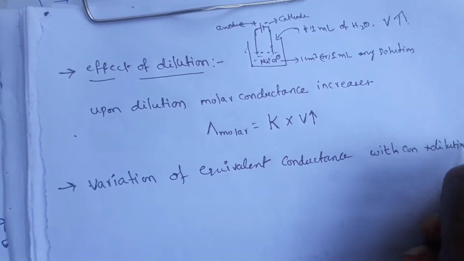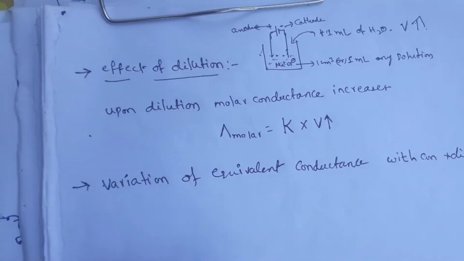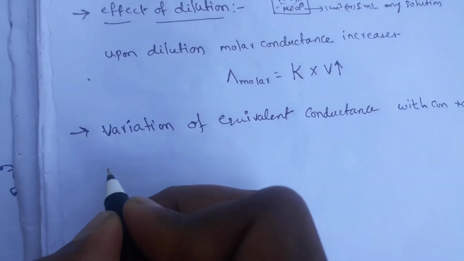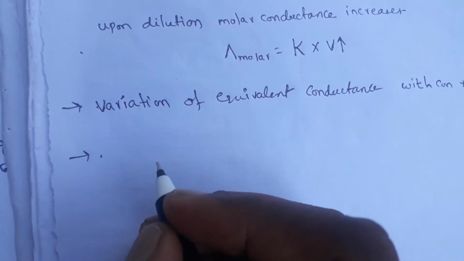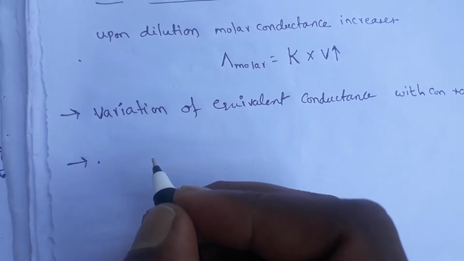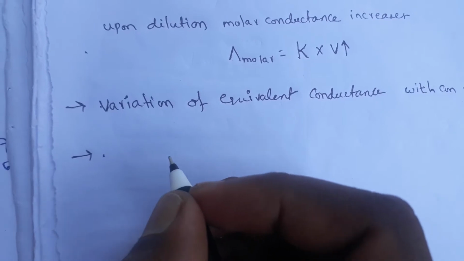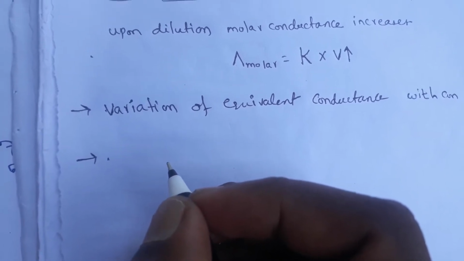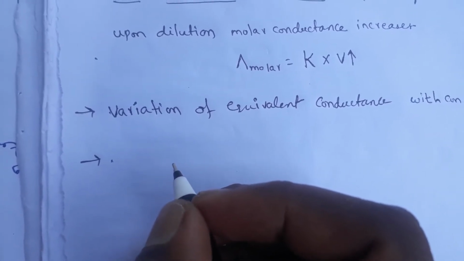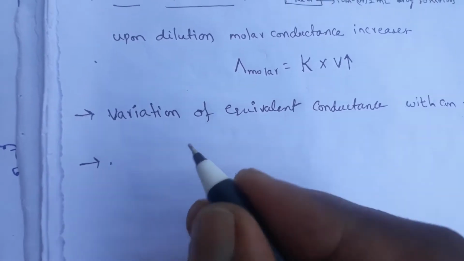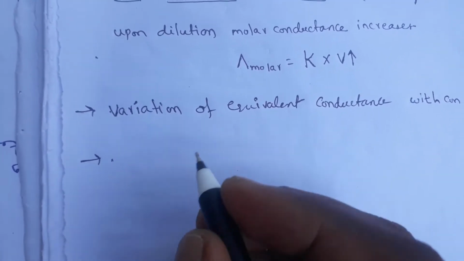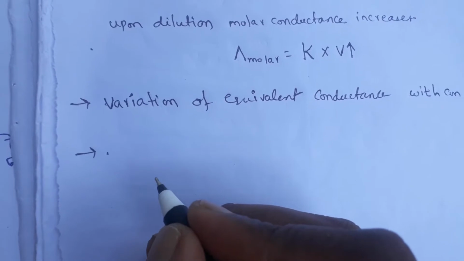So concentration and dilution we will see here. There are two types of electrolytes: strong electrolytes and weak electrolytes. Strong electrolytes are those which dissociate 100% in the solution. But weak electrolytes are partially dissociated in the solution, so those are called weak electrolytes.